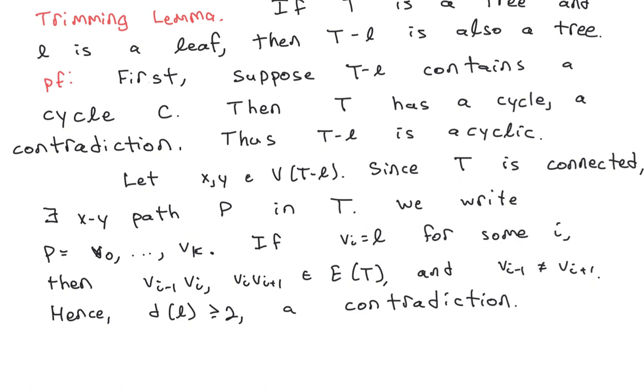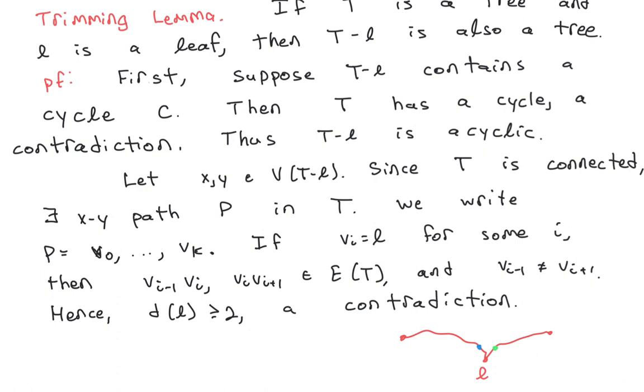So we do have a concern about what would happen if L was on the path. We're concerned about what happens if L is in the middle. Well, if L is in the middle of the path, then we see that we've got these two vertices before and after it on the path.